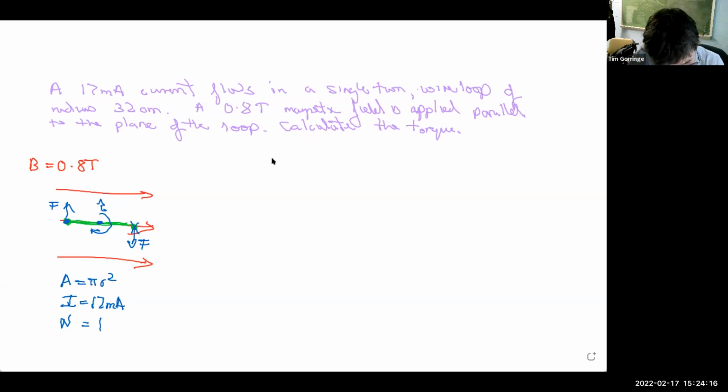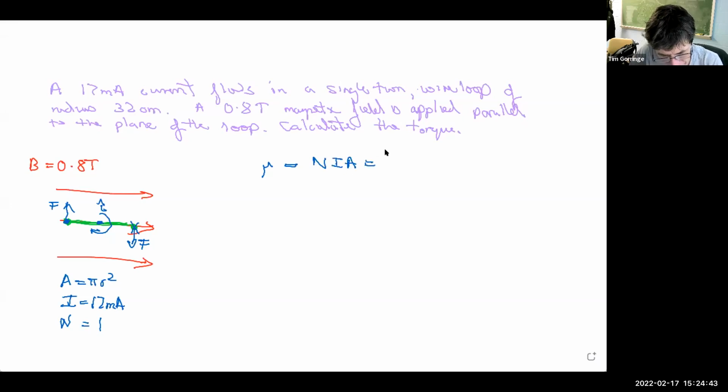So magnetic moment, let's start with that. Again, this is a property of the loop. It has this magnetic moment whether it's in a magnetic field or not. It has this magnetic moment no matter what the orientation of the magnetic field is. It's just a property of the size of the loop, the turns of the loop, and the current in the loop. It's NIA.